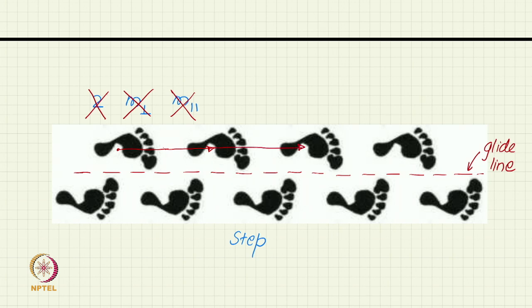So, that translation is this, but if you translate just half of that and then reflect, you will get this foot. Then translate half and reflect, you will get that foot. Translate half and reflect. So, half translation is going this way.